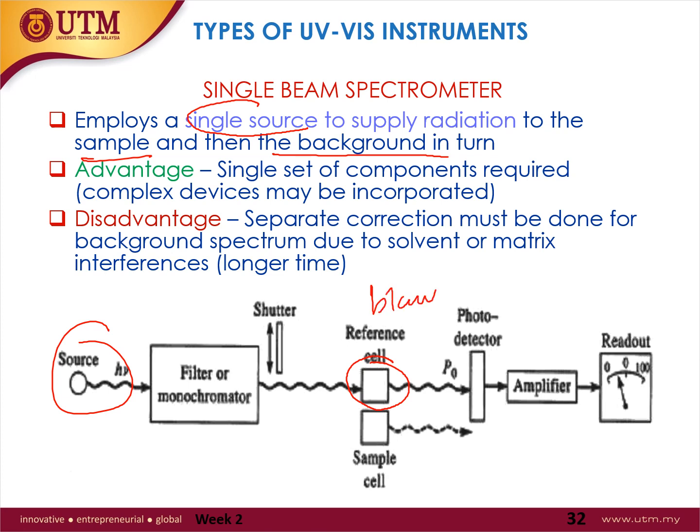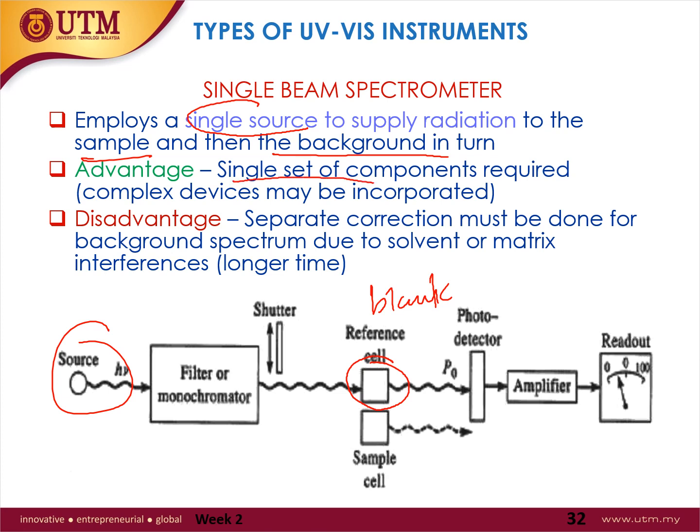Okay, you put your blank because you don't want the instrument to read the previous analysis from a different operator. For example, you want to make sure that the blank is having zero absorbance, okay, so that your sample will give you the correct and accurate absorbance data.